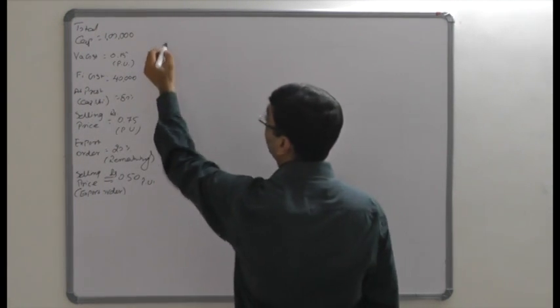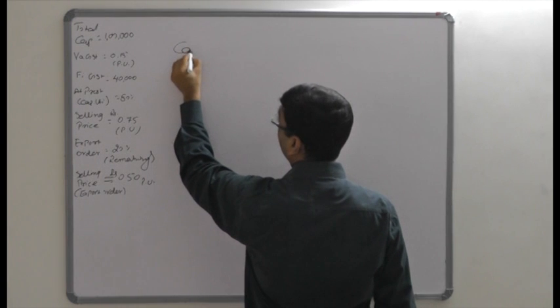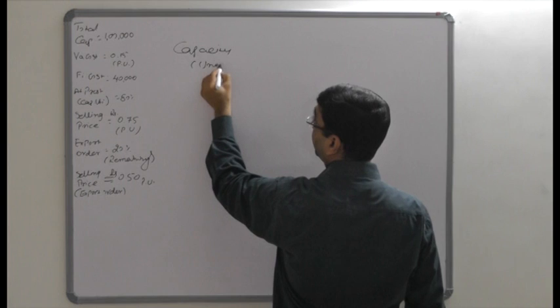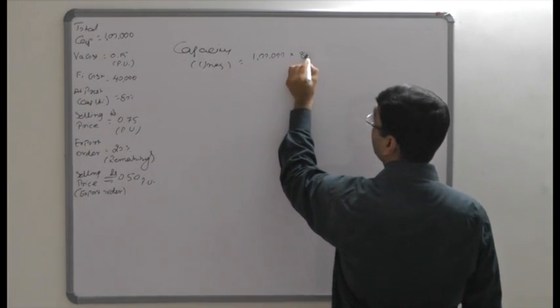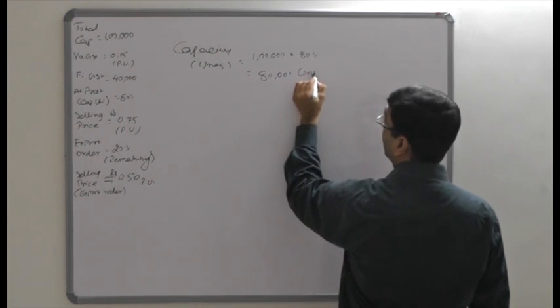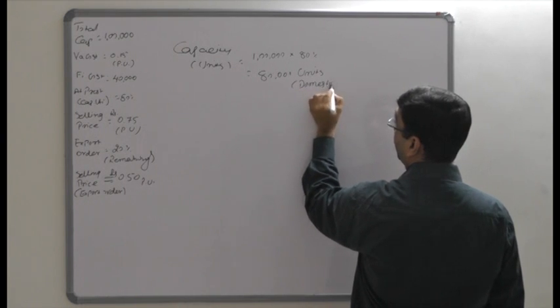First we calculate the present capacity in units. Total capacity is 1 lakh and 80% is presently used, so 80,000 units are sold in the domestic market.